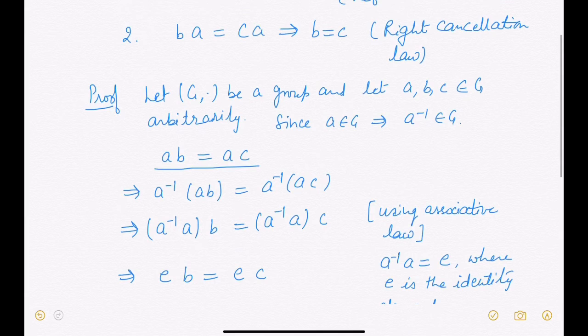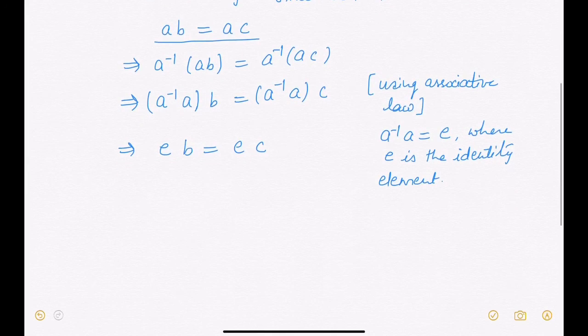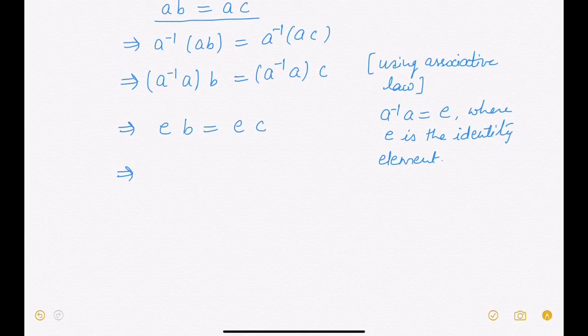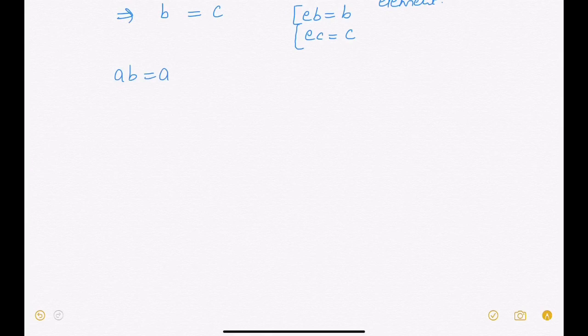For this you may add here: let E be the identity element in G. So now the property of identity element: EB gives you B and EC gives you C. Using this property, AB equal AC implies B equal to C. This proves the first result.